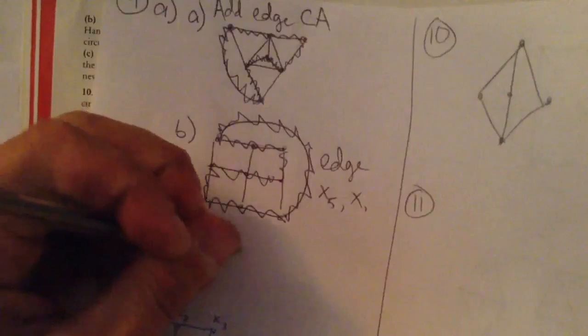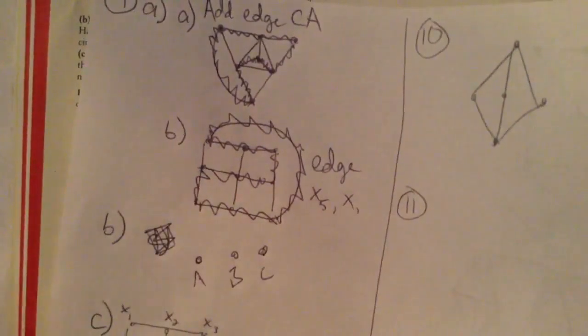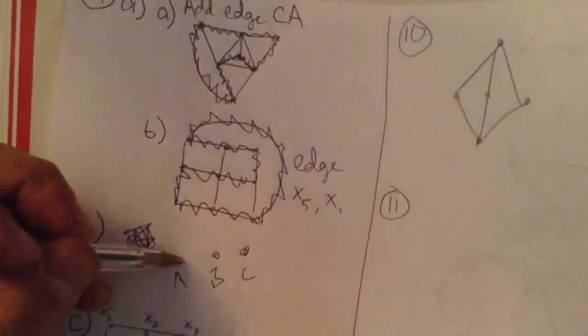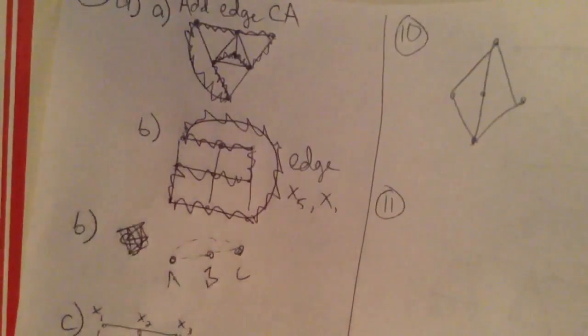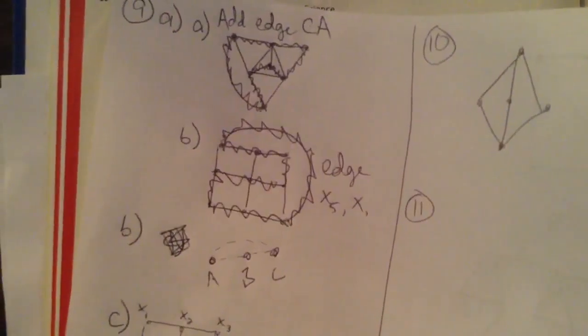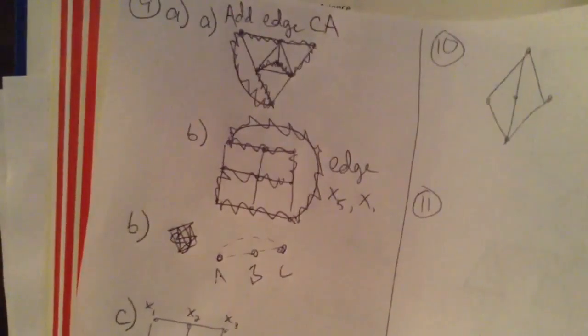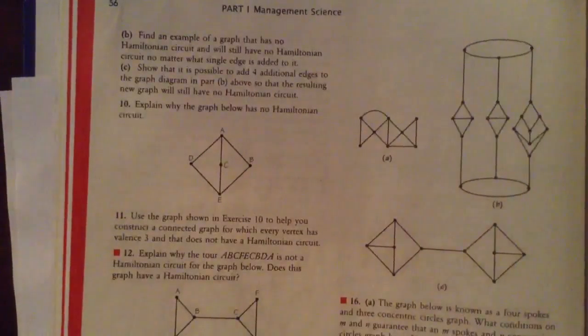If I do this, it's totally disconnected. No matter what edge I add, I could connect A and B, or B and C, or A and C. There will be no Hamiltonian circuit because it still will be disconnected. I think that's the simplest solution, but there are an infinite number of solutions. You may have come up with lots of different ones.